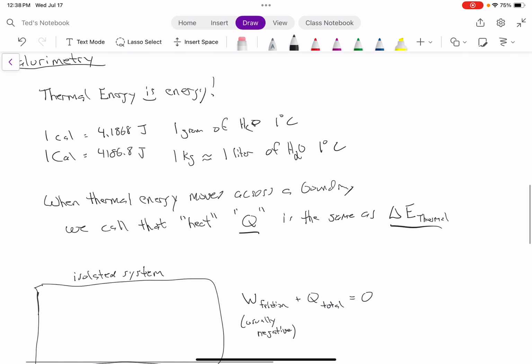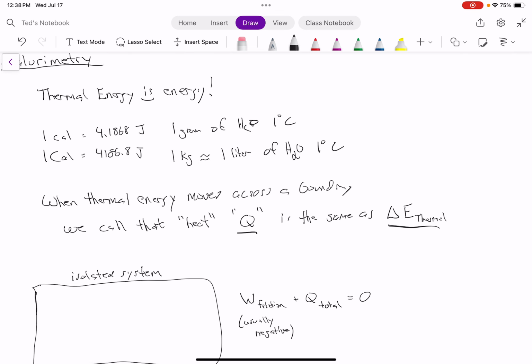So the first thing we will learn is the amount of thermal energy it takes to change an object's temperature. Q, the amount of energy that you have to move into an object to change its temperature, is equal to the mass of the object times the specific heat of the object times the change in temperature that you want to have occur.